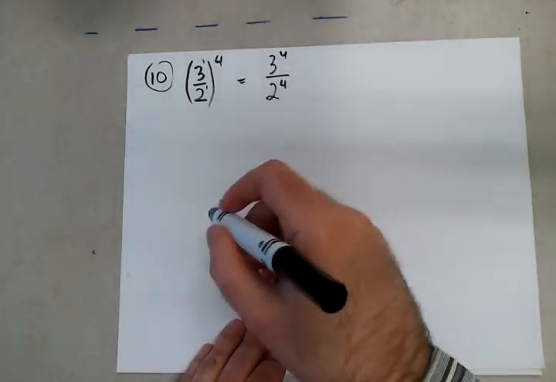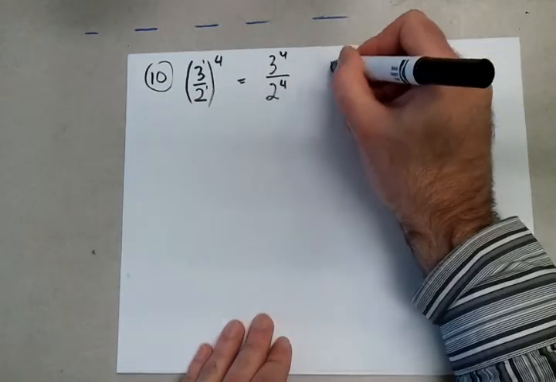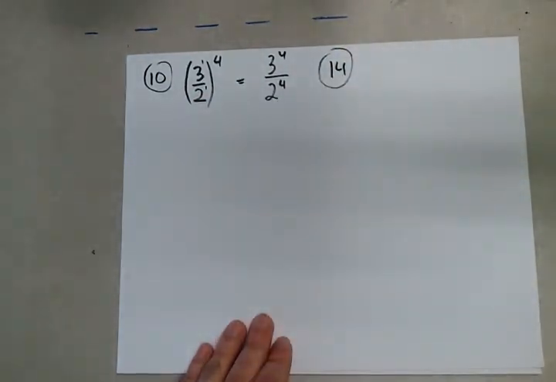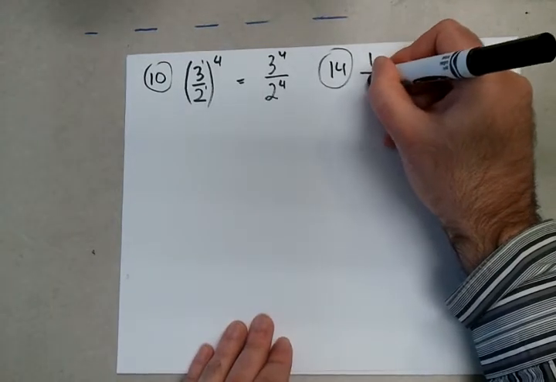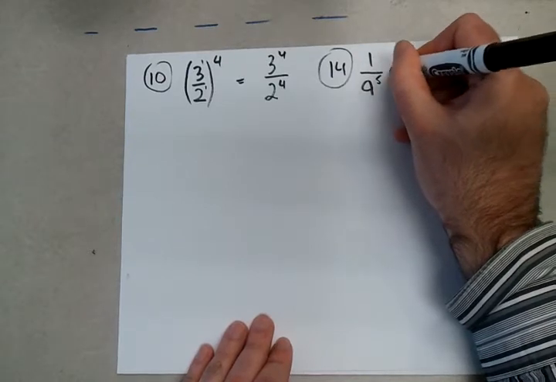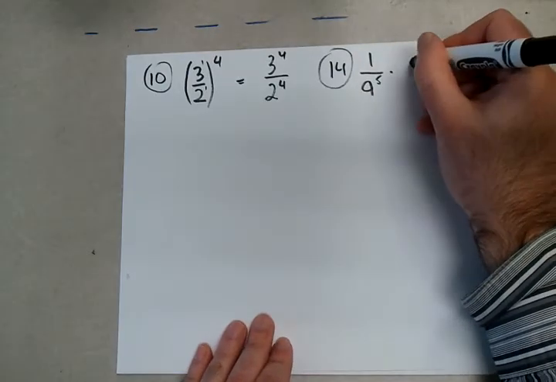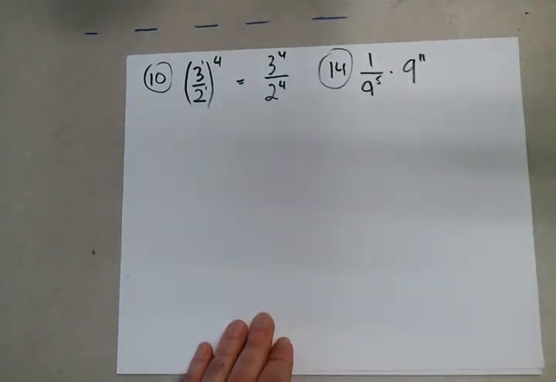Next up, we're going to do number 14. It is pretty much the same type of problem, except they have it written down like this. So 1 over 9 to the 5th power times 9 to the 11th power.